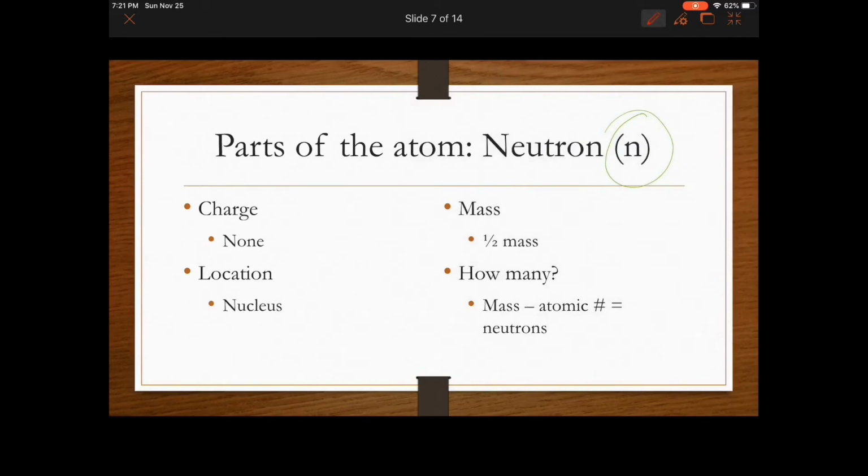So this is the other half of the mass of the atom. Because remember, we said that the nucleus is going to be 100% of the mass of the atom, and we stated that protons were already 50% of that mass. So this means that this is the other 50% of the mass of the atom.